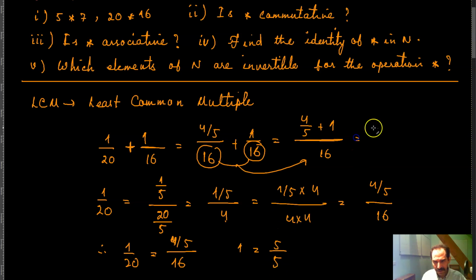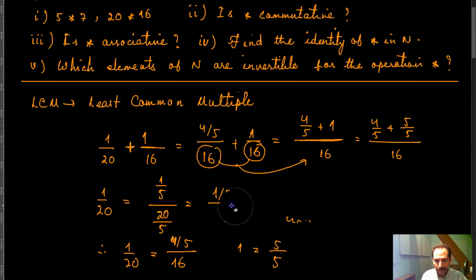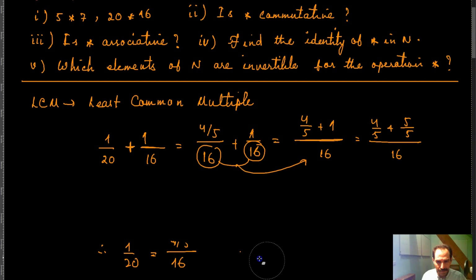So I can write this as 4/5 plus 5/5 divided by 16, and so 4/5 plus 5/5 is equal to 9/5, divided by 16.